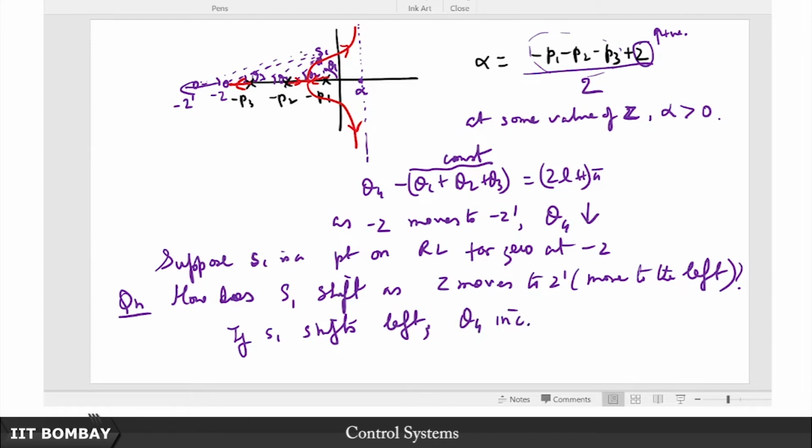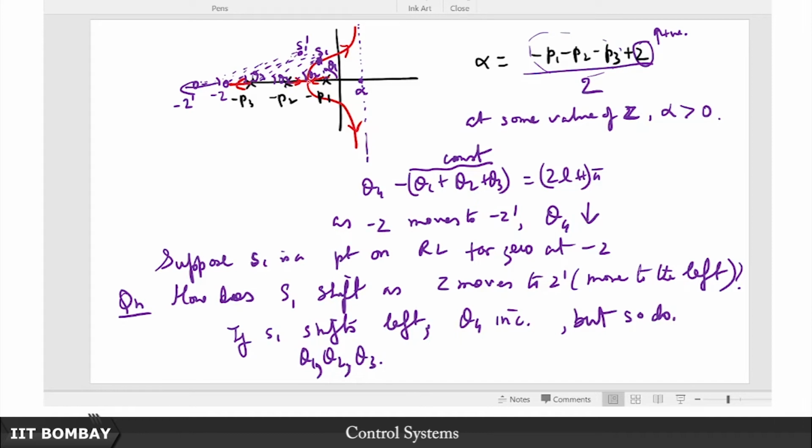If you shift S1 from here, theta 4 will increase. So maybe this is a candidate point, but remember, so do theta 1, theta 2 and theta 3, and they are in fact threefold in number, right?